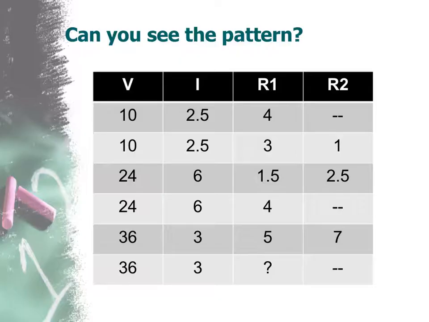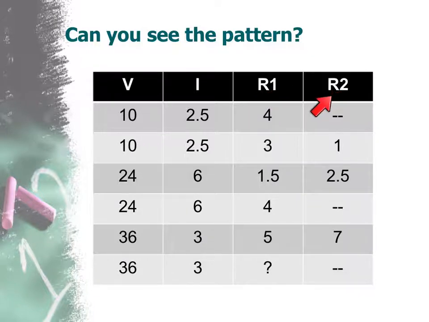Okay, with that little bit of refresher from last lesson, let's see if we can recognize a pattern in this table. What we're given in this table is the voltage of the battery, the current that is flowing through the series circuits, and the resistance of resistor 1 in ohms.